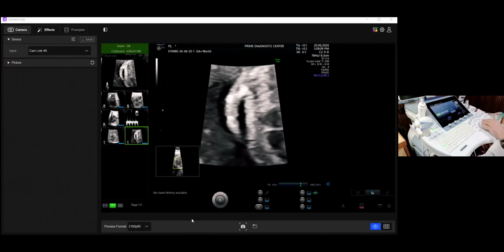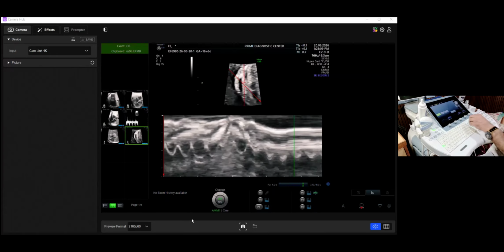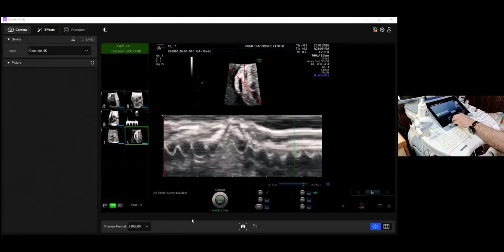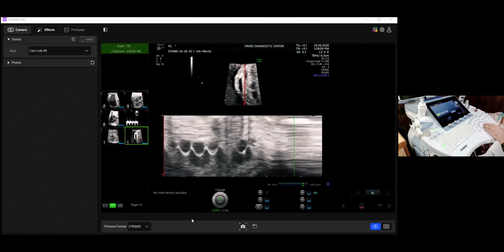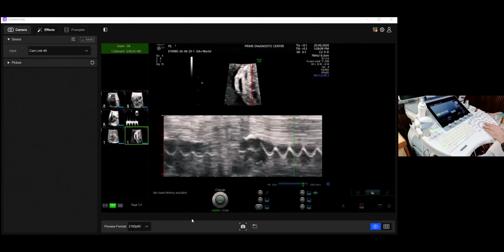I put an anatomical M mode and try to get this and put it on the heart, and then I go to cine. I scroll this up and down, and this is the best place where I get the TAPSE. You watch this movement of the tricuspid annulus up and down as I scroll. You see this moving up and down as I scroll, and this is TAPSE.